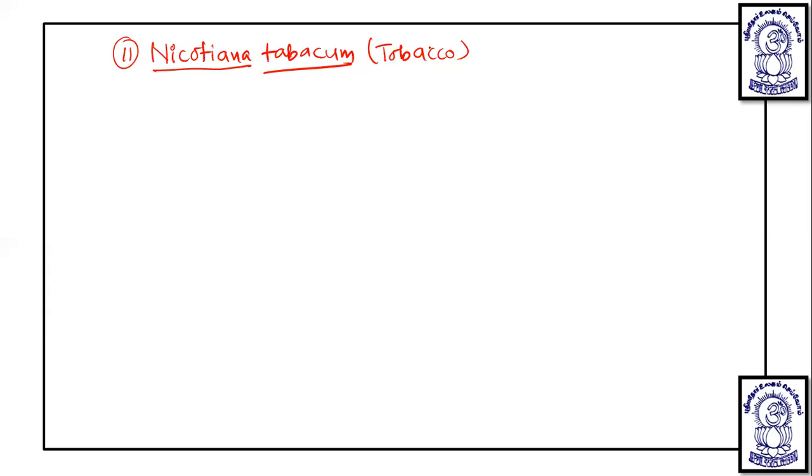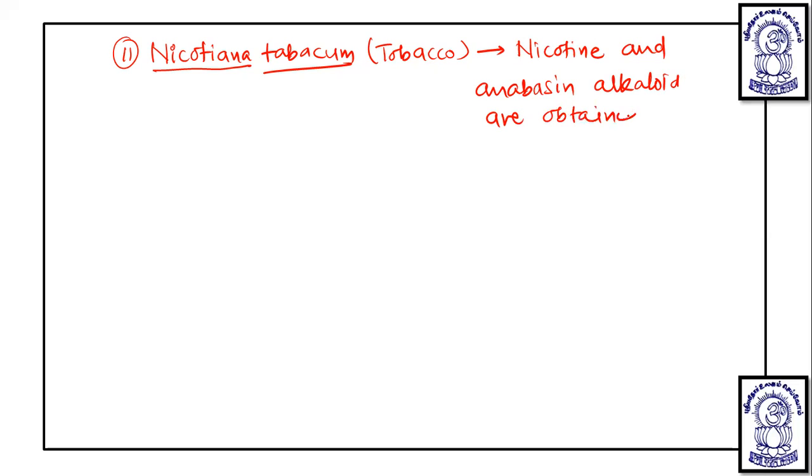Okay. From this, nicotine is obtained. Nicotine and anabasine alkaloids are obtained from the leaves of this tobacco.